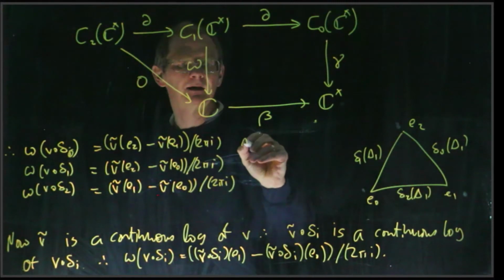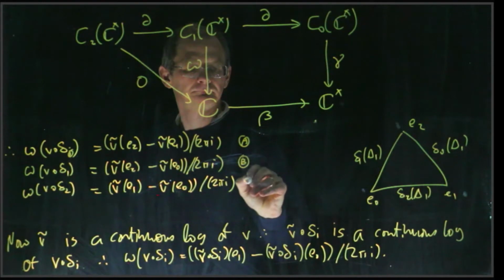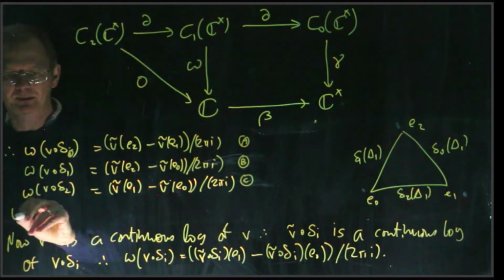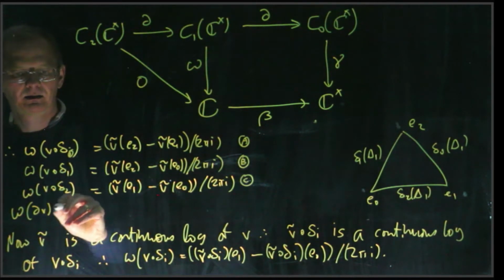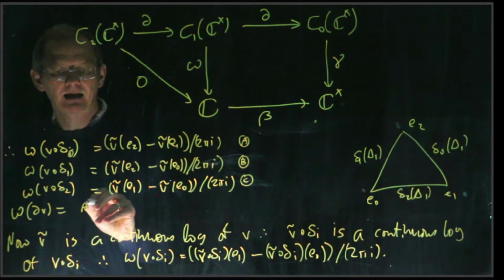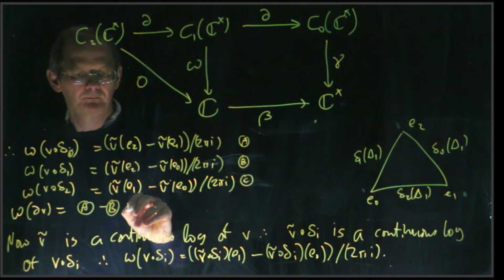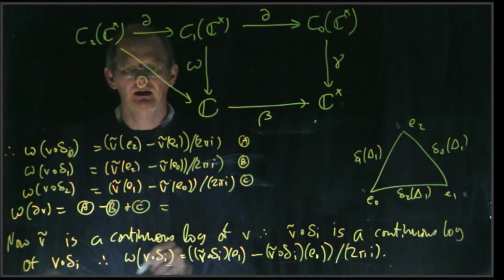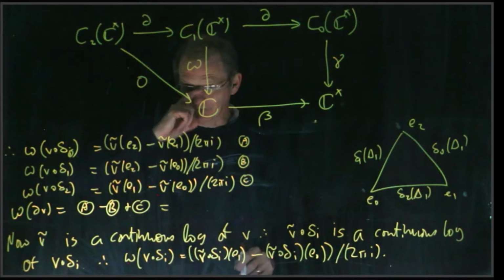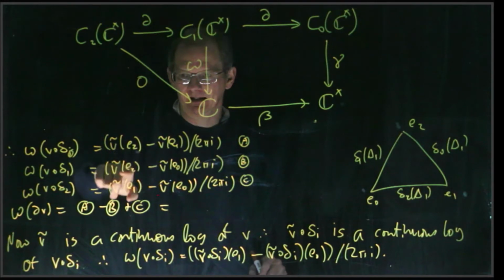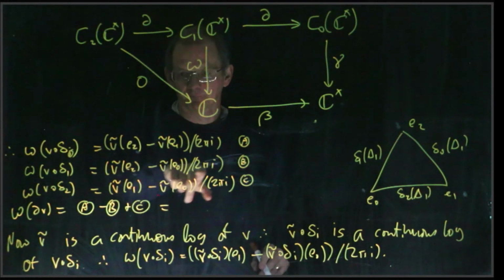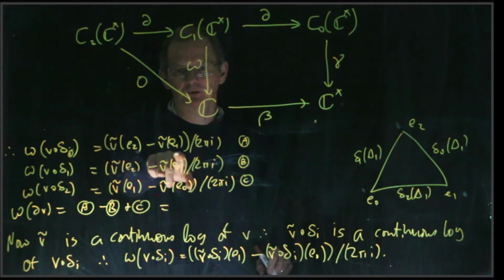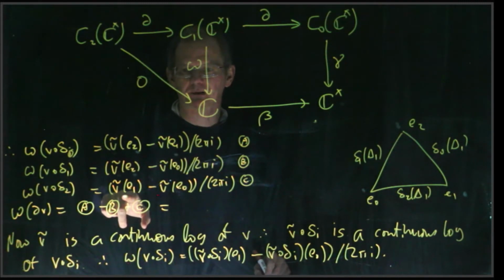Let's call these A, B, and C. And by definition, omega of dv, that's A minus B plus C. And if you look at this, everything's going to cancel out. You've got the v tilde E2 there, cancelling the v tilde E2 there. Minus v tilde E1 here, cancelling with plus v tilde E1 there.